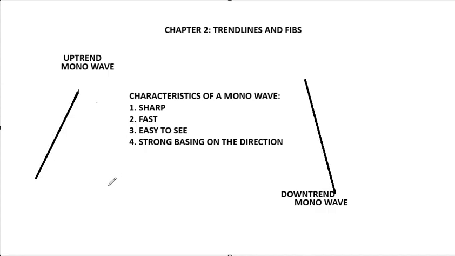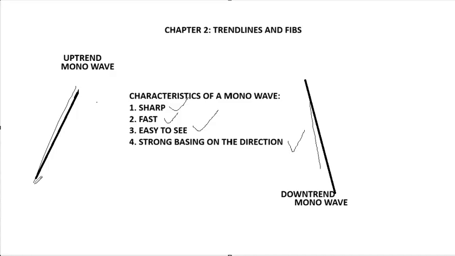Its characteristics: it should be sharp. All right. It should be fast. Be easy for you to see that it's moving to the upside quite fast, and it will be strong, based on the direction, either to the upside like I said or to the downside.